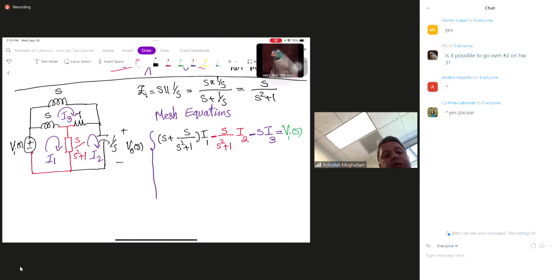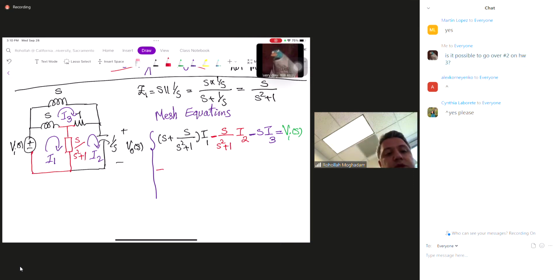Now we go to the second mesh, becomes 1 plus 1 over S plus... Let me put them in order.